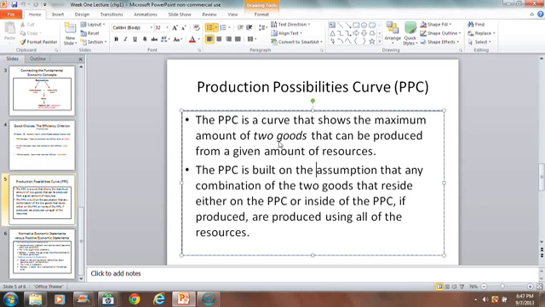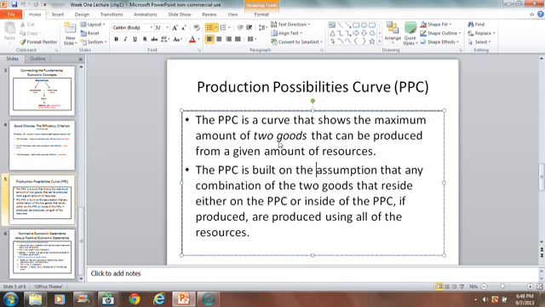Before you study the production possibilities curve, you have to recognize that this model is built on something called an assumption, and assumptions are simply statements designed to simplify reality. The production possibilities curve is built on the assumption that if any combination of goods is produced that resides on the curve itself or inside the curve, those combinations are produced using all the resources.